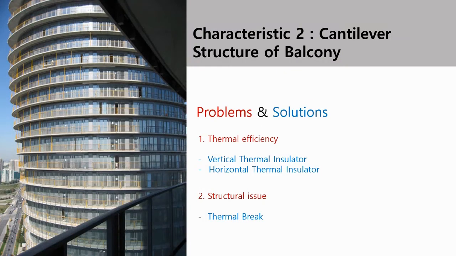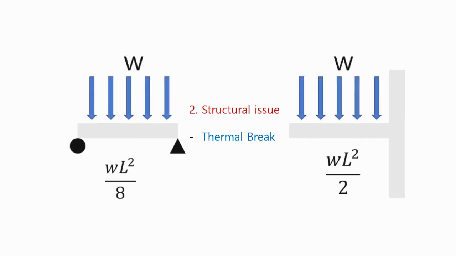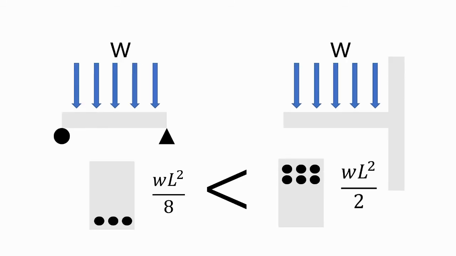Now, let's look at the structural issues of the cantilever structure. The thermal break is needed to hold the structure. When comparing a simple beam and a cantilever structure under the same load, 4 times as much moment affects the cantilever structure.